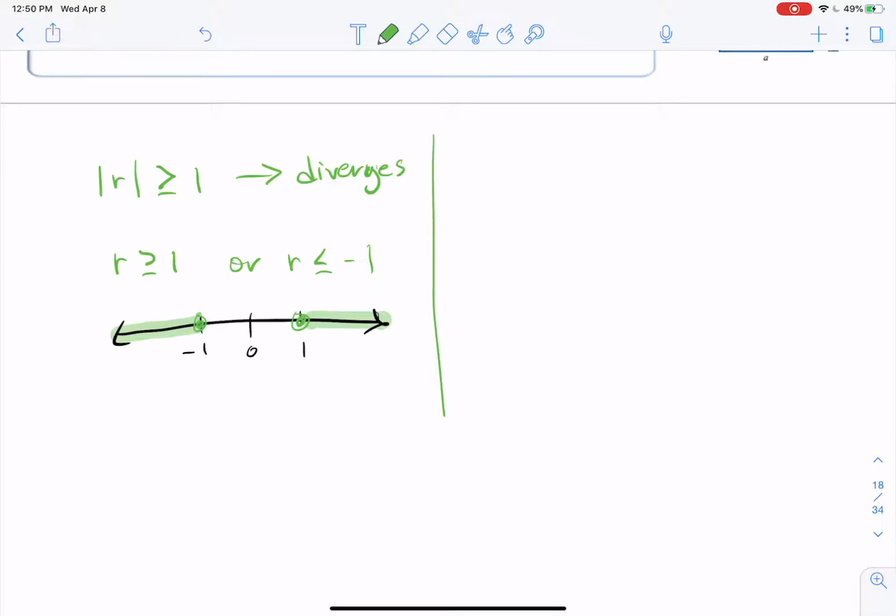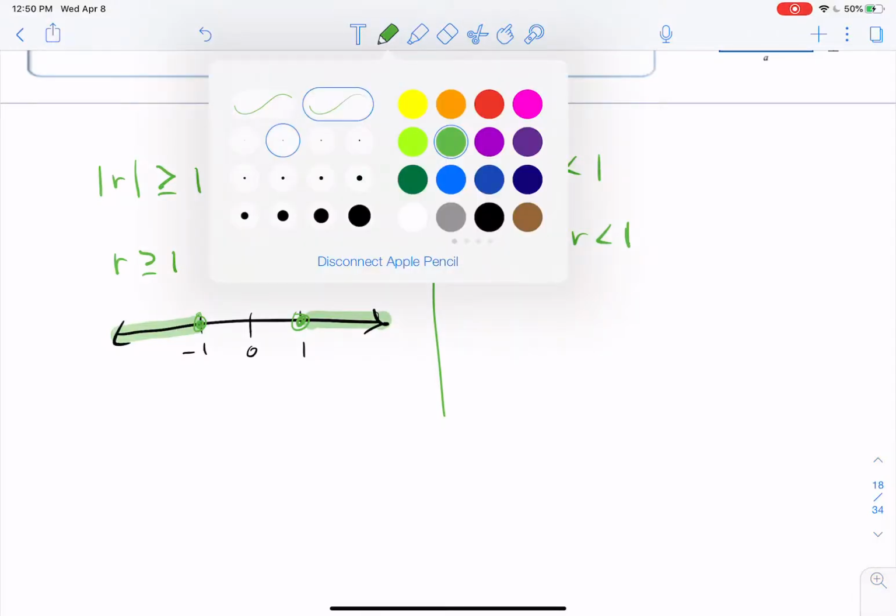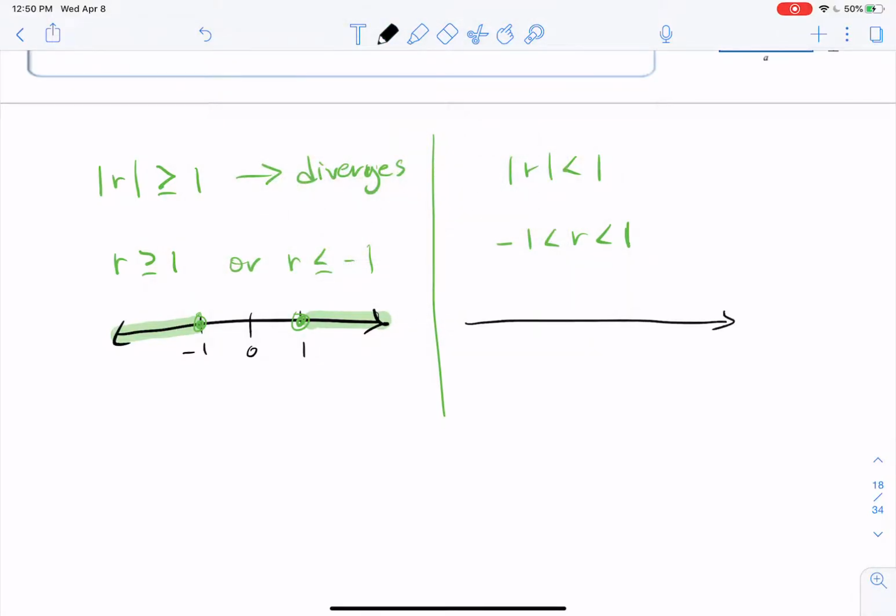If, on the other hand, the absolute value of r is less than 1, notice there's no equal sign there, it's the part that's going to be in the middle. This is an AND inequality, and r is going to be sandwiched in between a negative 1 and a positive 1. On the number line, using the same kind of number line as before, it's the stuff that's in the middle.